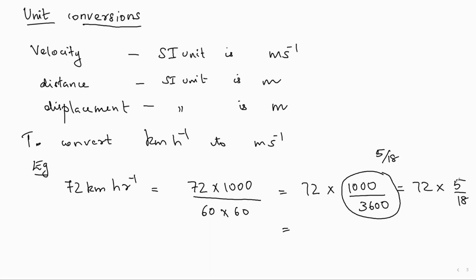It's always required to multiply any kilometer per hour value by 5 by 18 in order to convert it into meter per second. So it is equal to 20 meter per second. So 72 kilometer per hour is equal to 20 meter per second.